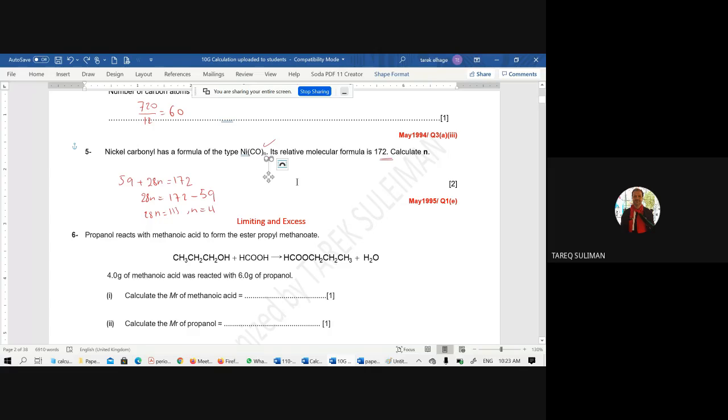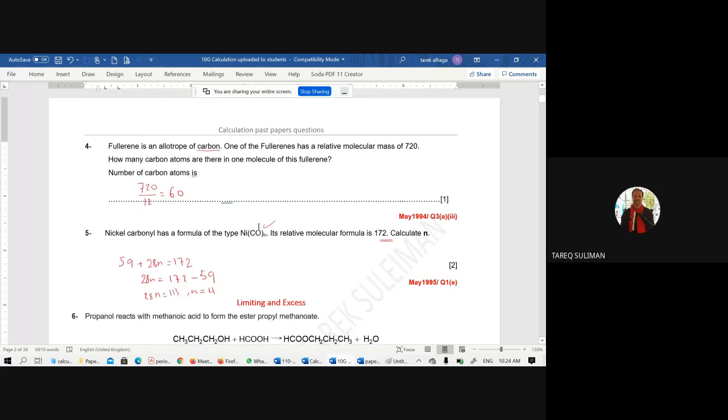The formula either shows the actual whole numbers of atoms in one molecule or shows the whole number ratio. Always in the formula there are whole numbers. If it is for a molecule, then actual. For empirical formula, it is whole number ratio.